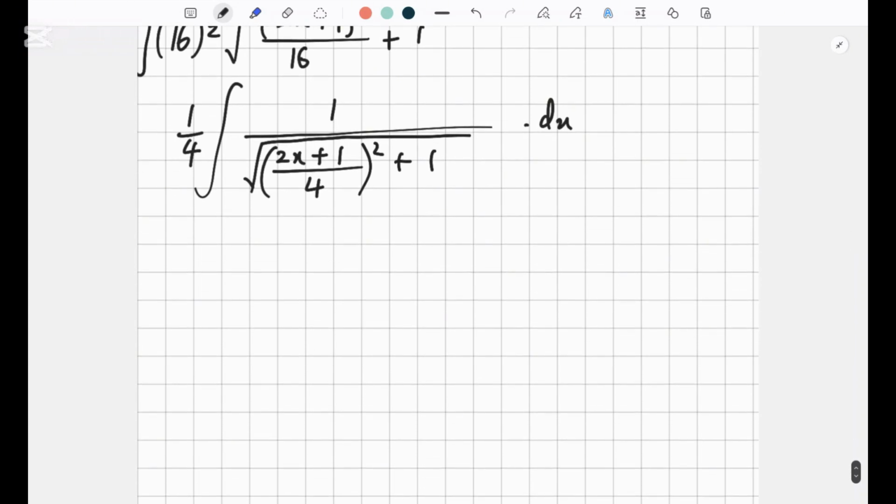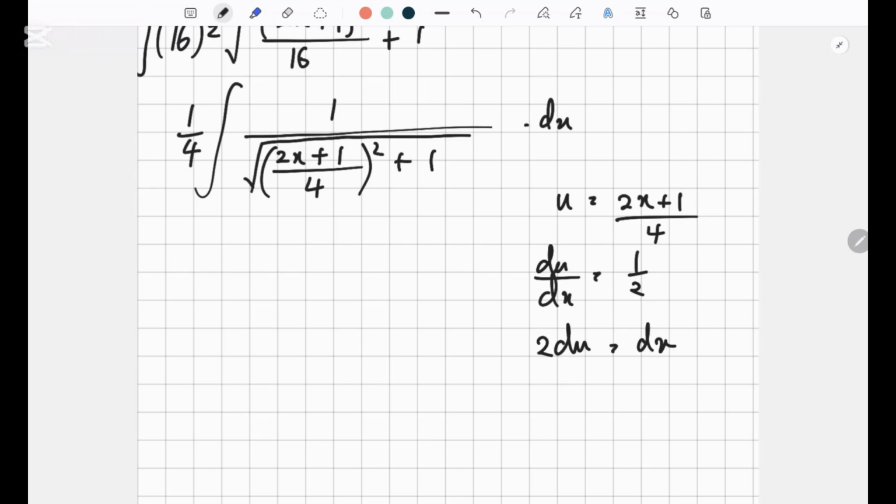Now let's take the substitution. We'll take u equals (2x + 1)/4. Let's differentiate this, because we need to find du. Then du over dx equals 2x over 4, which is half. So let's cross multiply: 2 du equals dx.